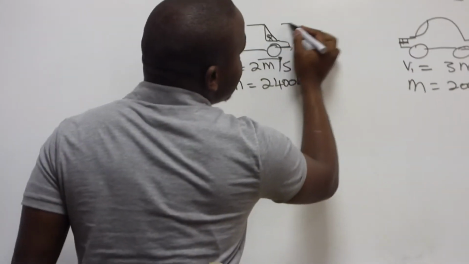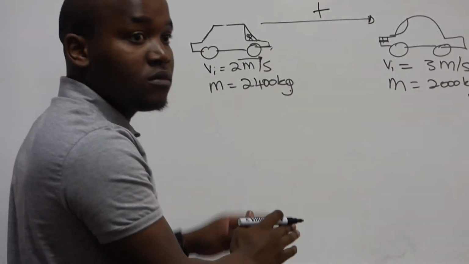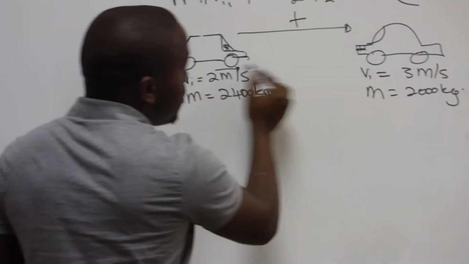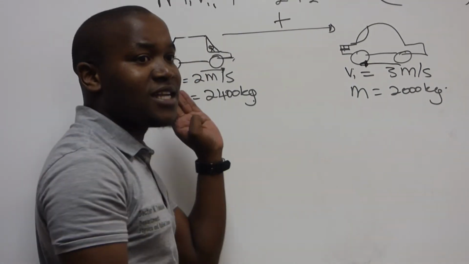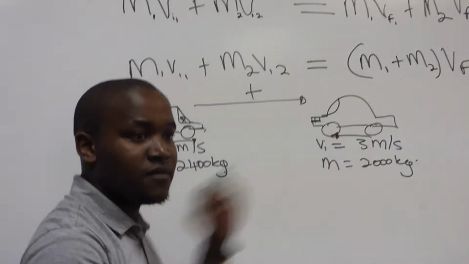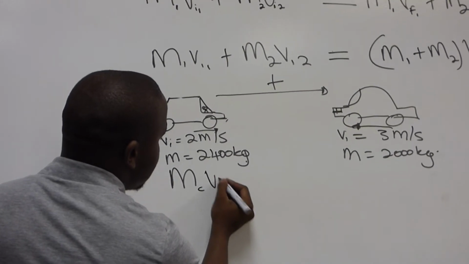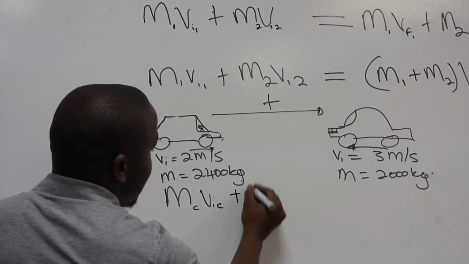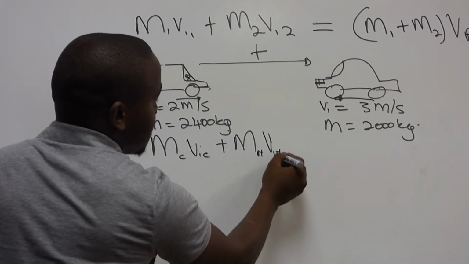So we are going to choose this direction as positive. Chippy is going this way, Natasha is going this way, but we are choosing this direction as positive. So I'm going to have the mass of Chippy times initial velocity of Chippy, plus the mass of Natasha times initial velocity of Natasha.